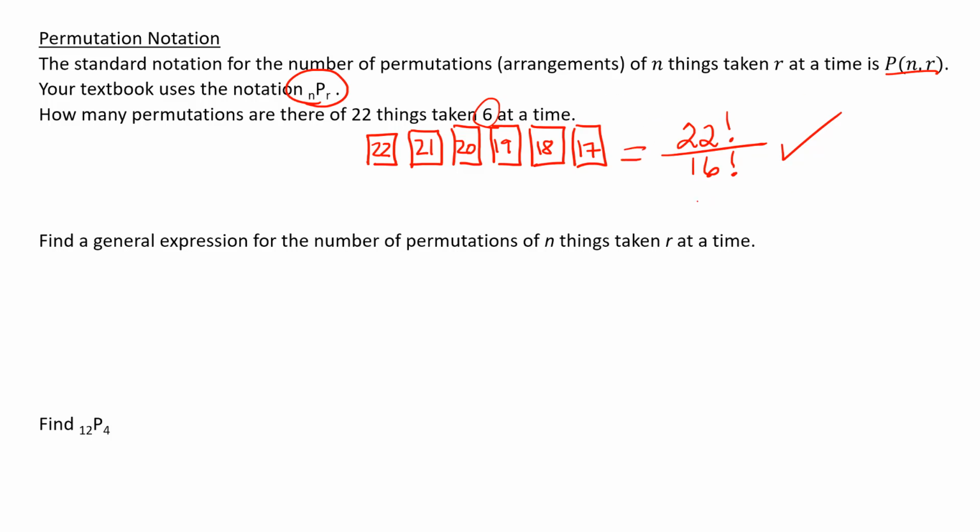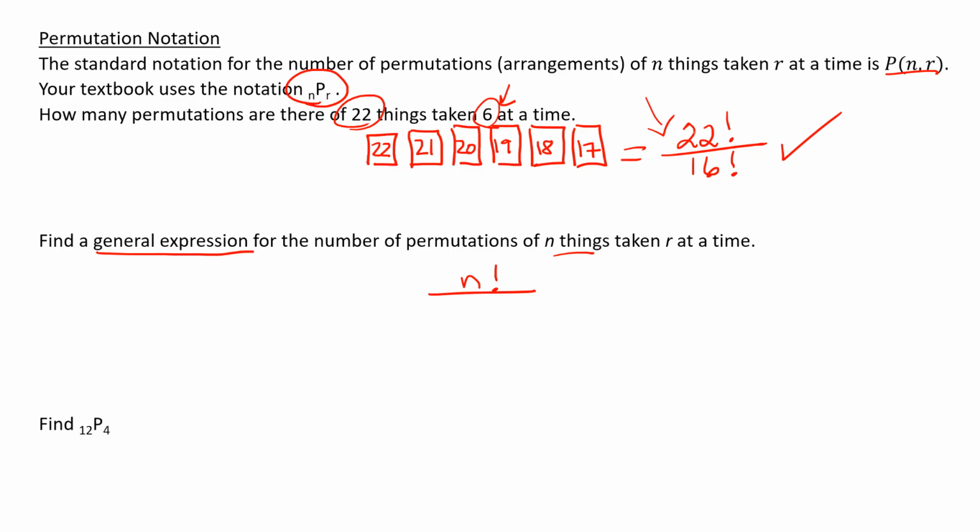So let's see if we can use that to figure out a more general expression for the number of permutations of n things taken r at a time. Up here we had 22 things, and the expression for counting had 22 factorial in the numerator. So if we have n things, we'll put n factorial in the numerator. In this specific problem, we were taking them 6 at a time, and we ended up with 16 factorial on the bottom.